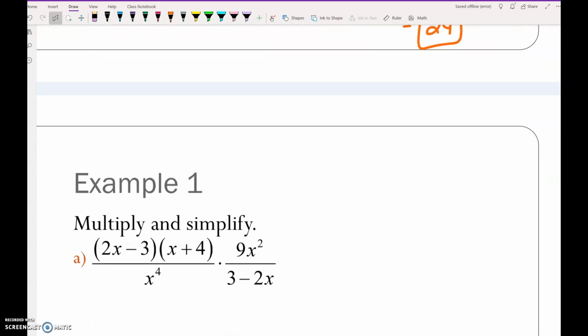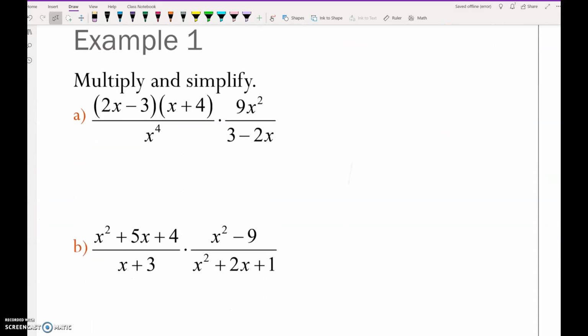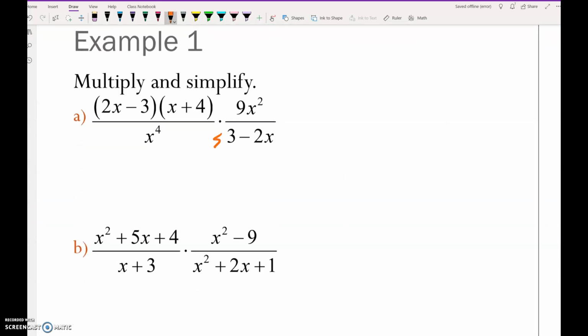All right, let's look at example 1. Again, this one has one spot that I don't like. This thing right here is not in the correct order. So you can even do this right at the problem. This is negative 2x plus 3. See how there was a minus in between, and that minus attaches to the 2x. So it's negative 2x plus 3.